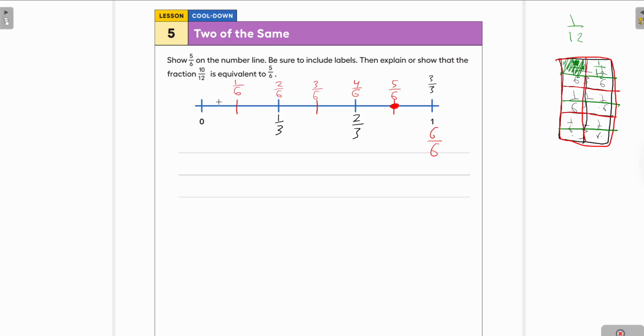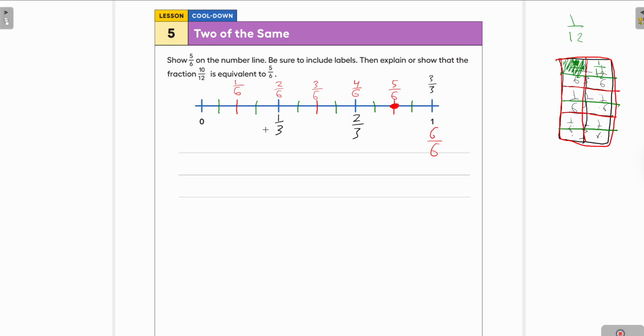So let me put a line right here, right here, right here, right here, right here, and right here. And now let me confirm that I have 12s. 1, 2, 3, 4, 5, 6, 7, 8, 9, 10, 11, 12.